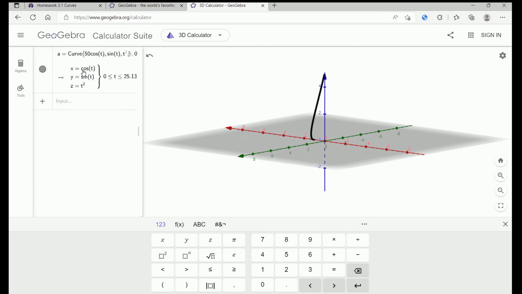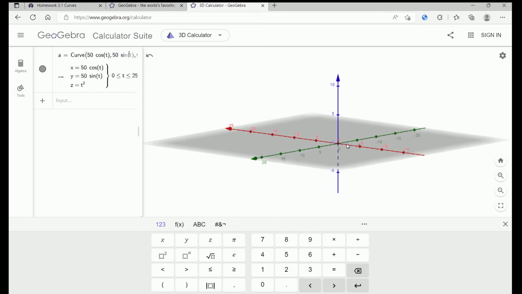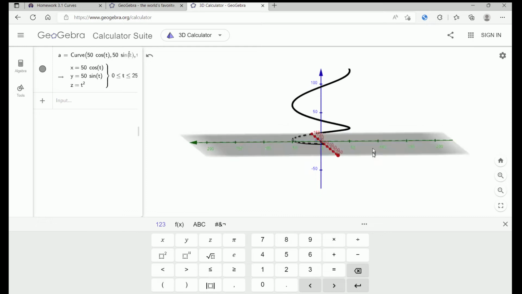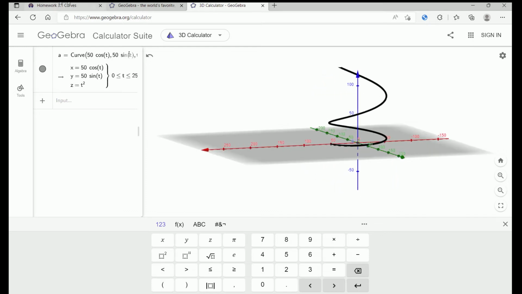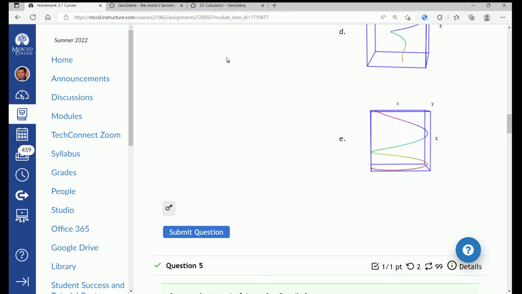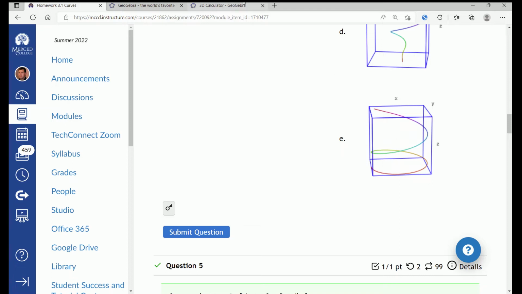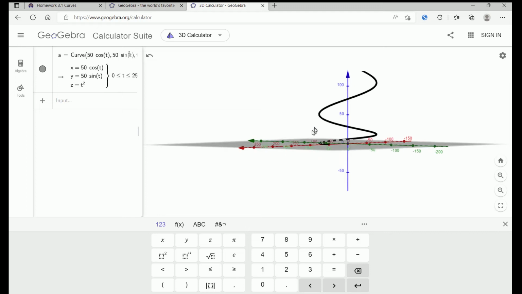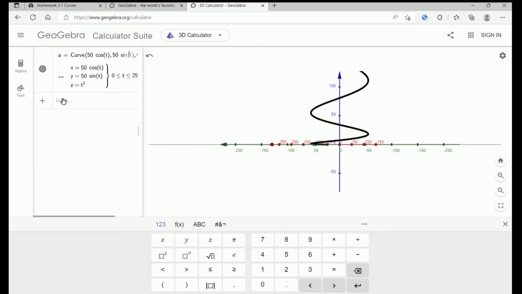Like I can put a 50 cosine and 50 sine, and we don't see it. But if I zoom out far enough, there we go. Right? So I just made the circles very large, and then it starts to look more like the picture that you have here in the homework. So they did that and they didn't tell you. I mean, the scale is just off. But you can plot these, right? So it's pretty easy to plot these.